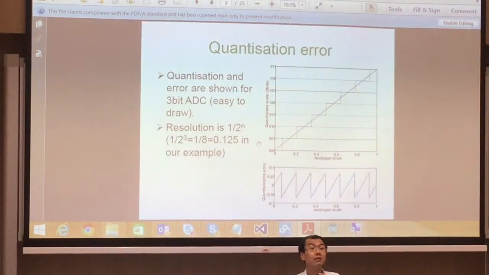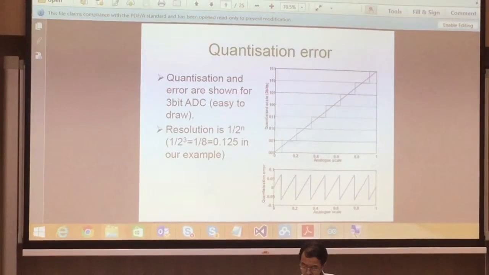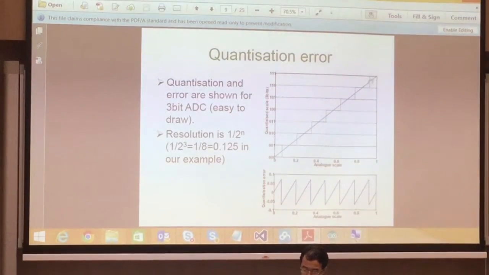Your analog signal is any value in between 0 and 1, so it's a straight line. Your digital signal now is like a step line, because you only have 8 possible values. If you compare the analog signal and the digital signal, you will have this error.